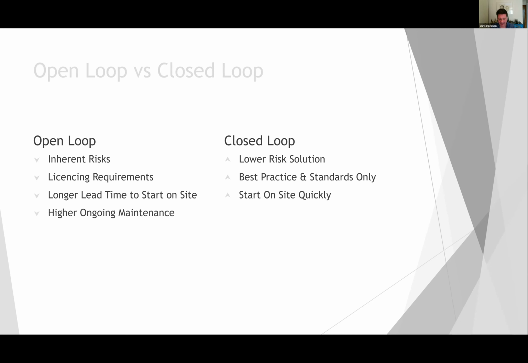There are slightly higher ongoing maintenance requirements for open loop. So we are dealing with water that is not treated in an open loop system. And anytime you change the temperature of water that's not treated, anytime you violently move water around that's not treated, the chances are you're going to get some minerals depositing out of solution.